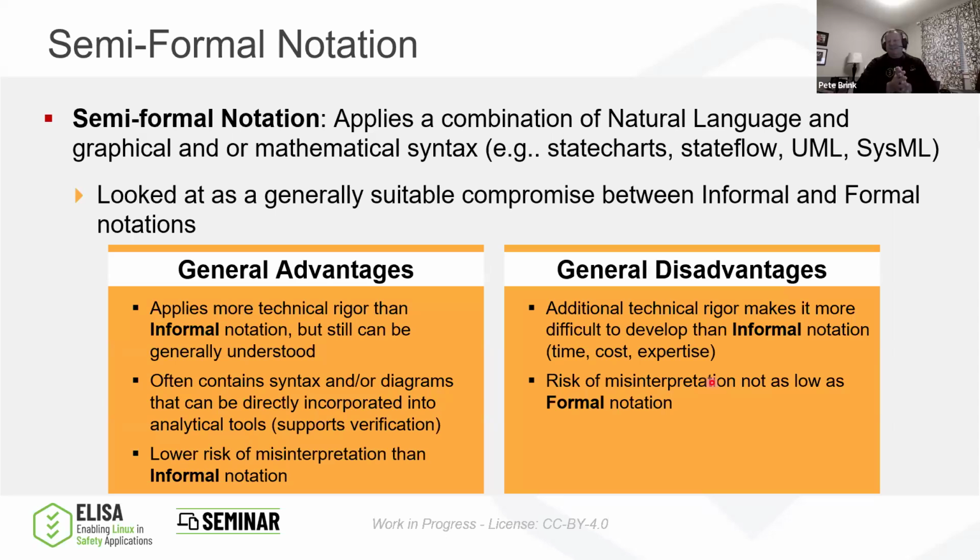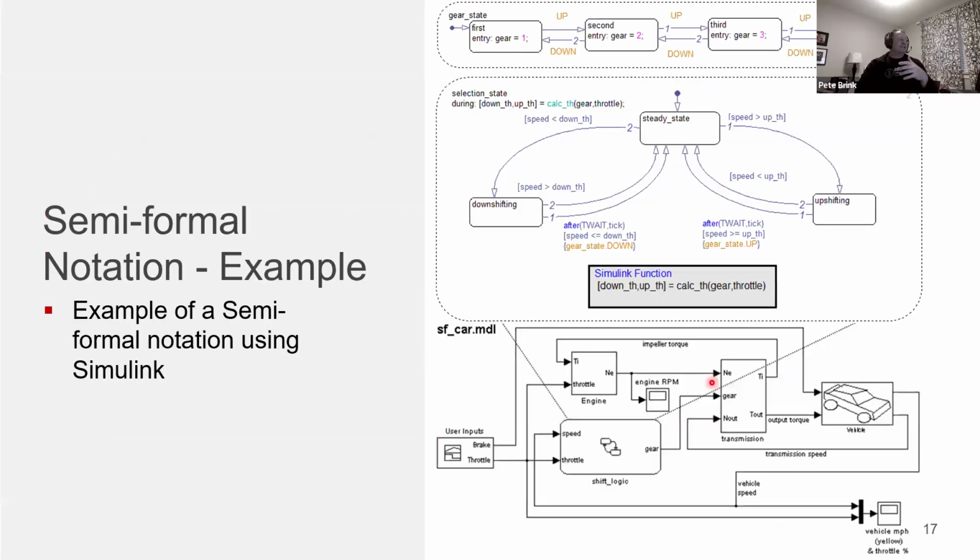But of course, the disadvantage is it takes more time. You need to add an additional level of effort to creating these documents and diagrams to enhance and support the requirements themselves. And then here's an example of semi-formal notation. So we have a requirement, and then we have some descriptions of a diagram and what it's intended to do when shifting up or down.